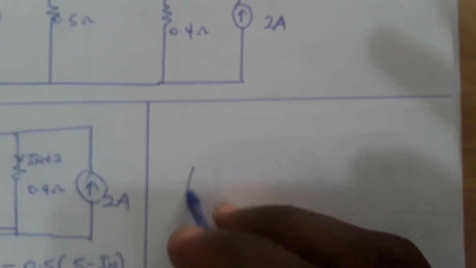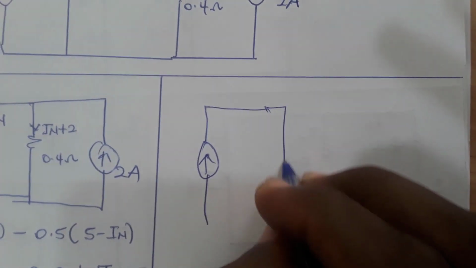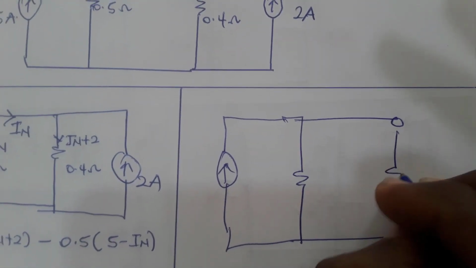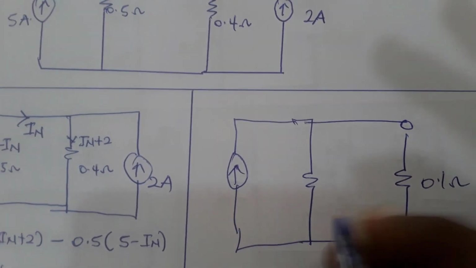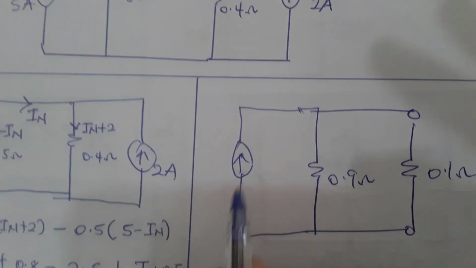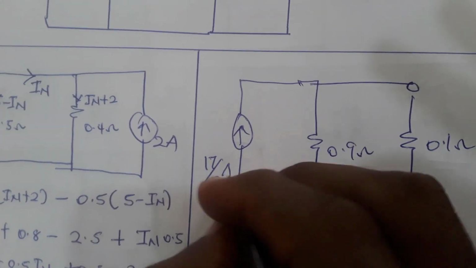Right, so then we'll come back straight to the equivalent circuit for Norton. We have your IN here, your Rn, and the resistor that you took out, that is 0.1 ohm. Here will be our Rn, that is 0.9 ohm, and this will be your IN. We found IN to be 17 out of 9 amperes.